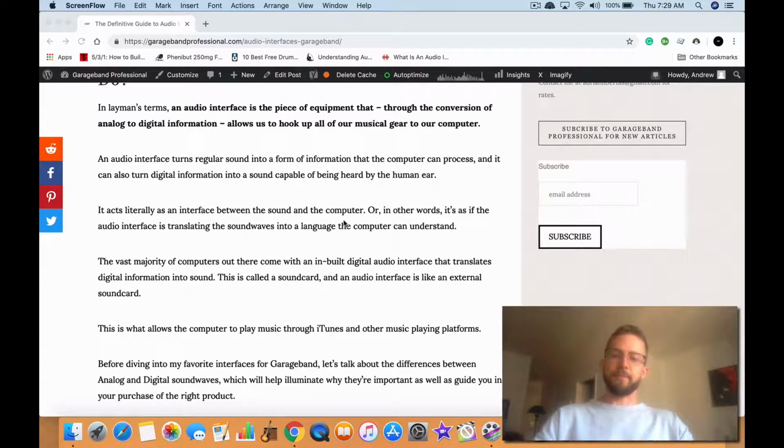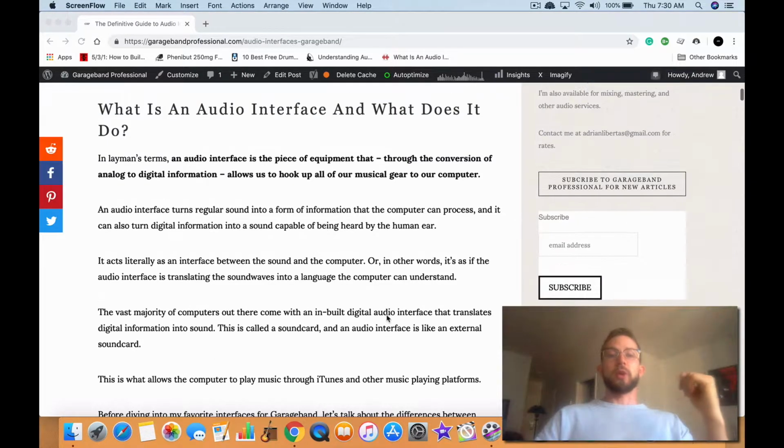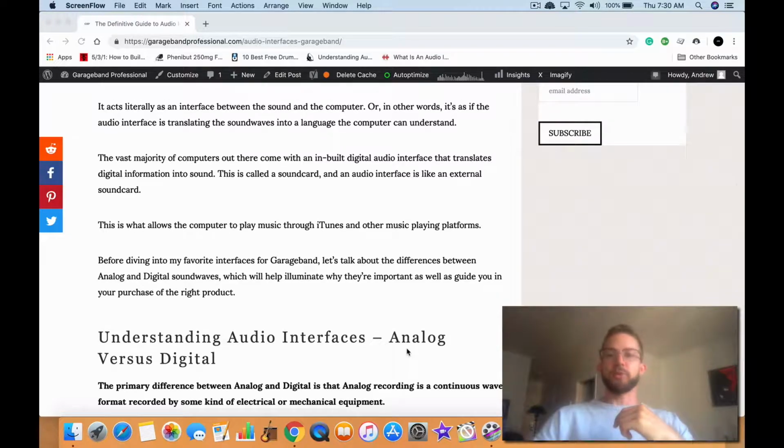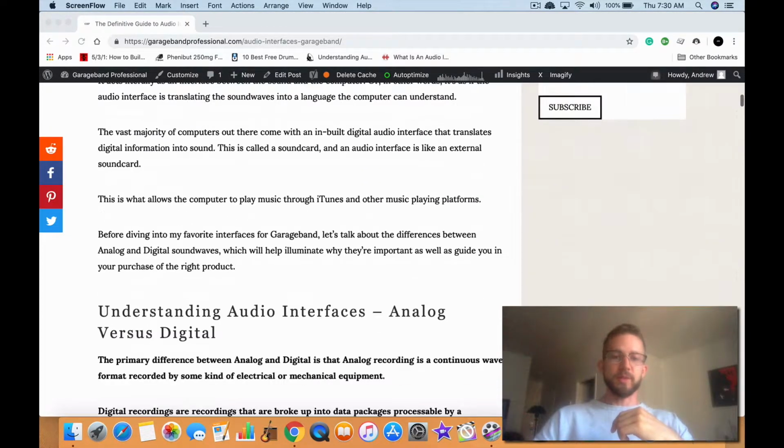The computer has an audio interface already built inside, and it's translating that digital information, those little data packages, into real life sound. That's essentially what the audio interface does. When you put it that way, it's a lot easier to understand. So I hope that's easy for you.